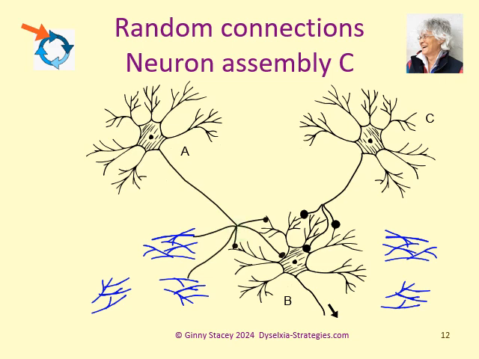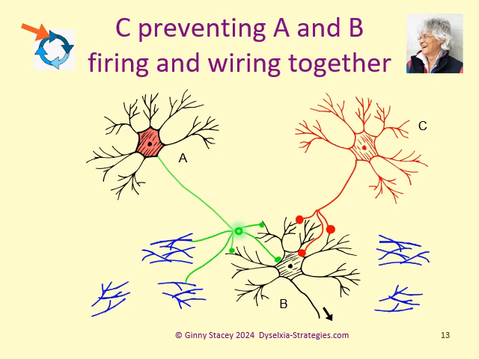So when A wants to fire, it's sending its signal down. It's fired several times with B, but on some occasions, C is having a greater impact on B than A is, and C is keeping the firing potential of B below its threshold. So then B will not fire when A fires, and the impact of A firing down will go somewhere else.